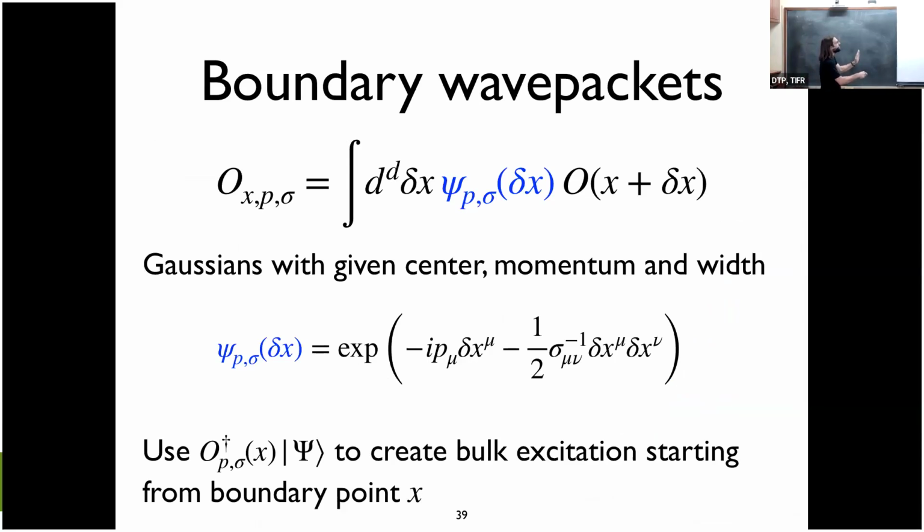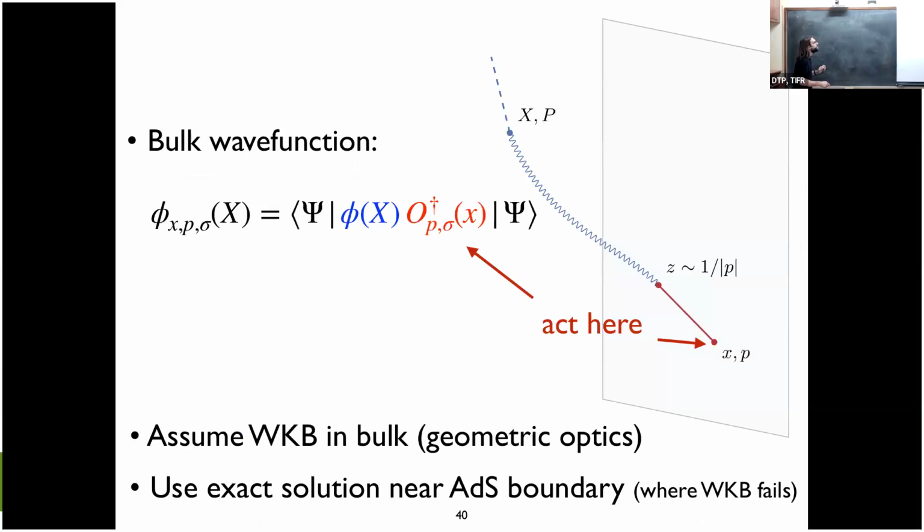So we act on whatever state we have with the Gaussian operator. This creates some state with some energy. And then the picture is the following. We have to calculate the boundary to bulk propagator to figure out the wave function of the bulk. We assume that most of the bulk will have geometric optics, so it follows a geodesic, except near the boundary, where there's a region where it has to tunnel through.